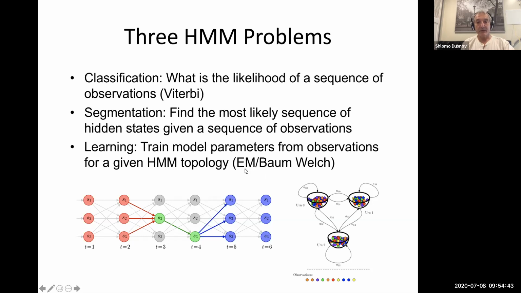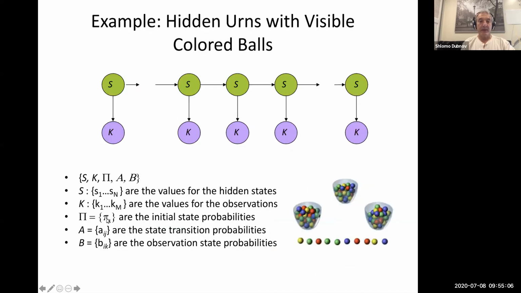Regardless of the algorithm, the third task, and EM as a tool that allows us to accomplish this task, is that given observations, you can actually train models, which means just given these sequences, you can eventually create the model that will give you all these parameters. It will give you the transition probabilities, the observation probabilities, and the initial state probabilities.